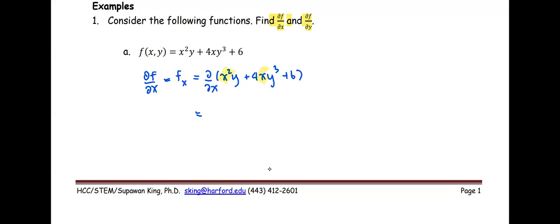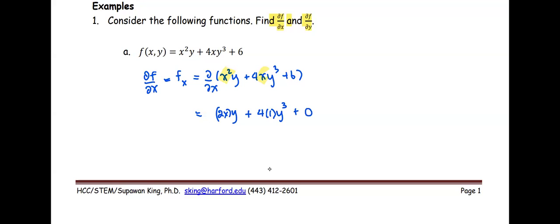For the first one, y is just a constant multiple. The derivative of x squared is 2x. In the second term, y to the third is treated as a constant, the same as 4, and the derivative of x is 1. For the last term, the derivative of the constant 6 is 0.